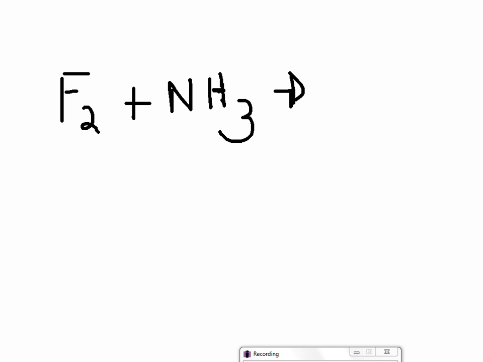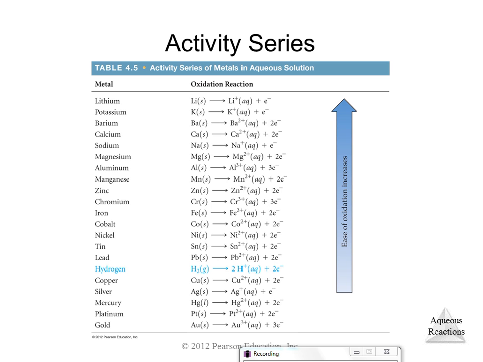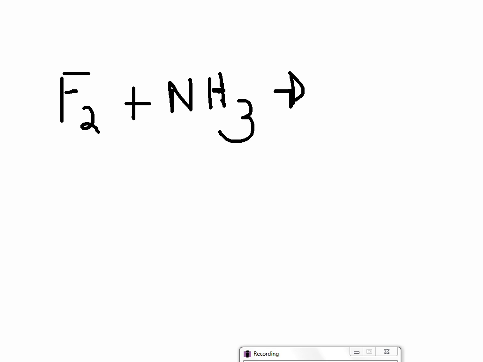Would we get halogen replacement between fluorine and nitrogen? If you go back to our activity series, we don't have metals on, we don't have the nonmetals on there. See if you can find fluorine. Fluorine isn't on there. Would fluorine do that replacement? Well, fluorine could do that replacement if we're trying to replace those other halogens. This would not happen because fluorine wants to grab onto its electrons.